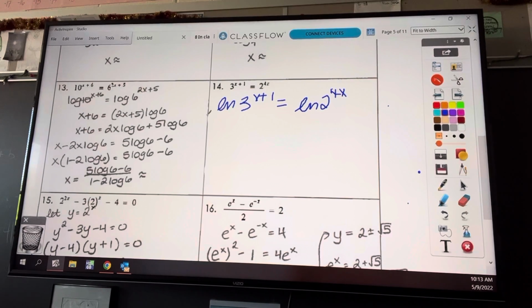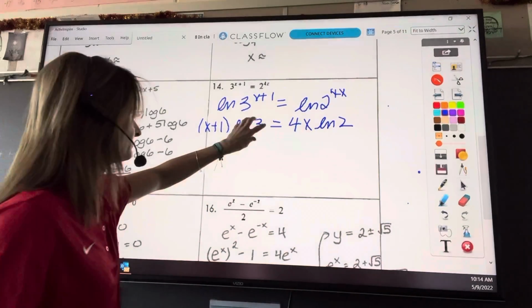So this becomes x plus 1 natural log 3 equals 4x natural log 2.